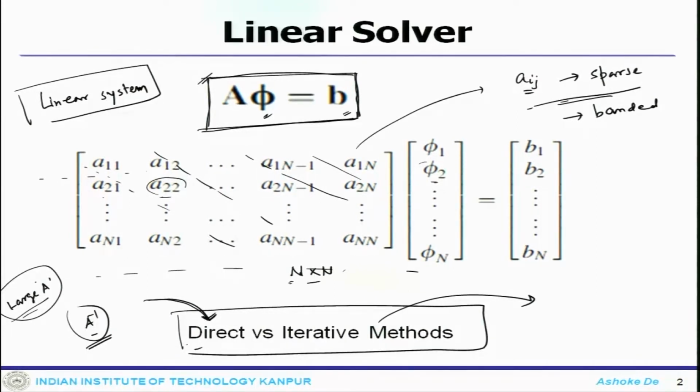So, for a large system getting a direct method is absolutely impractical, and that is why what people have done, they have gone back to some sort of a iterative process. That means you consider this linear system, and then you solve iteratively to get the linear system solved, through some sort of a minimization of the error.